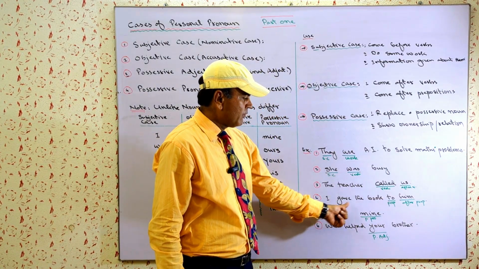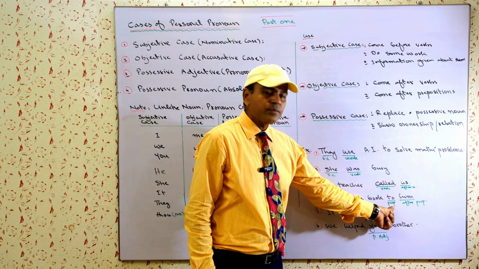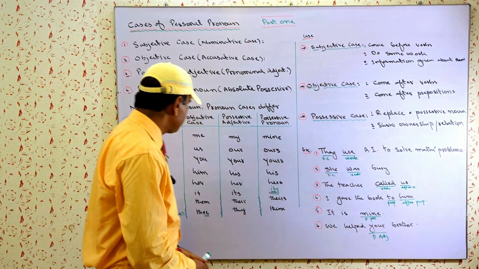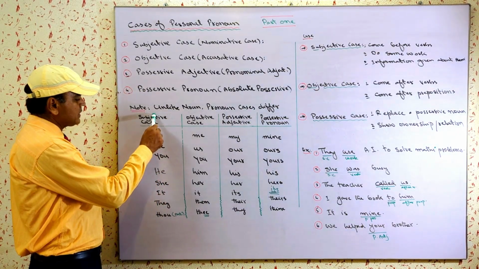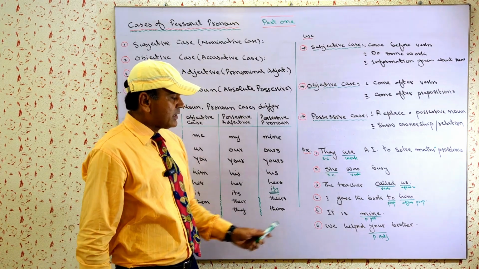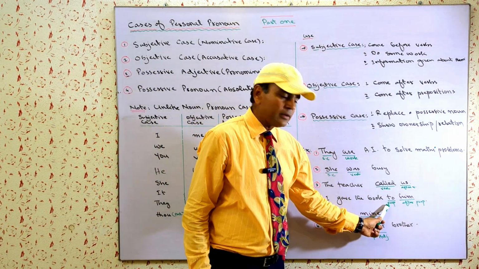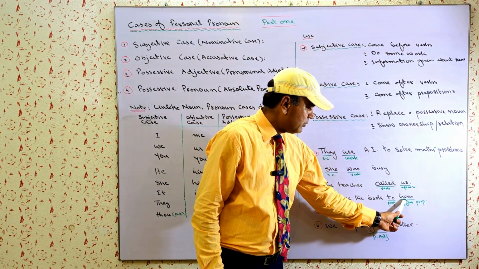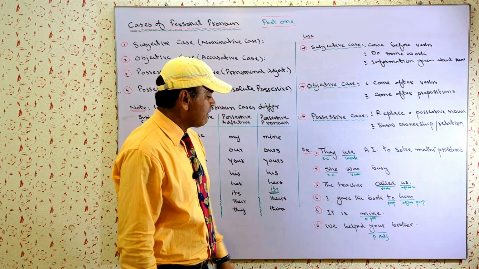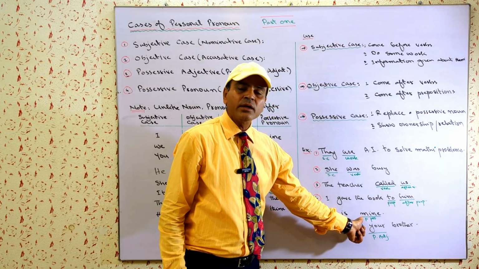Number 4, I gave the book to him. To is a preposition. Him, I'm using objective case. He is a subjective case and its objective case is him. Since it comes after the preposition, I'm using objective case here. Number 5 is it is mine.